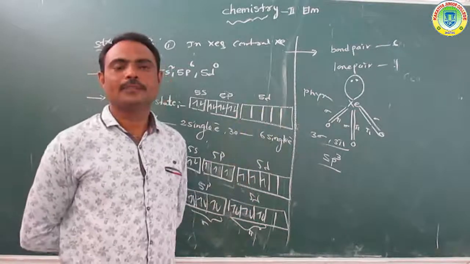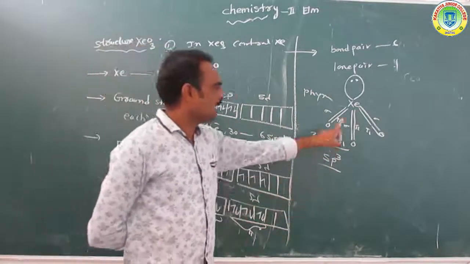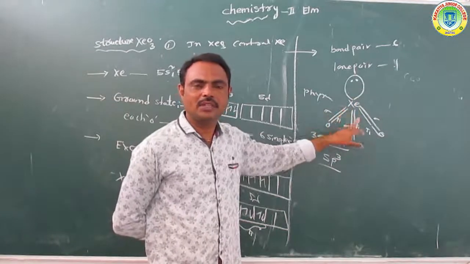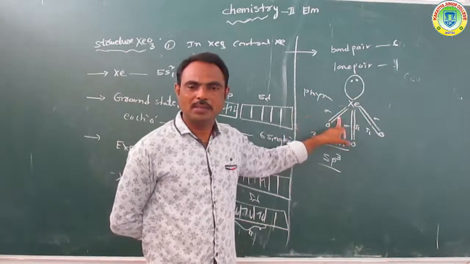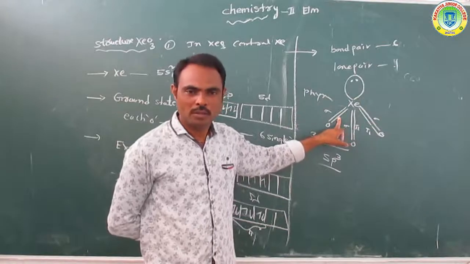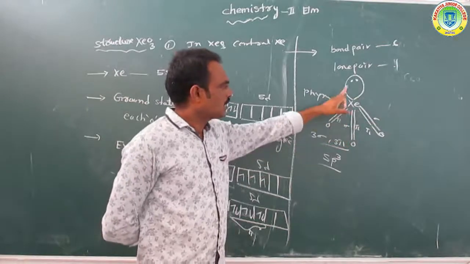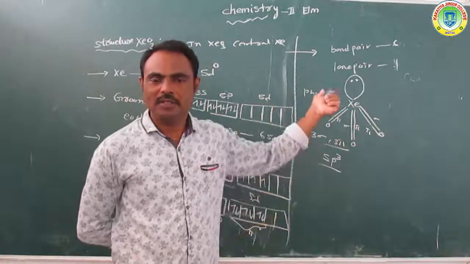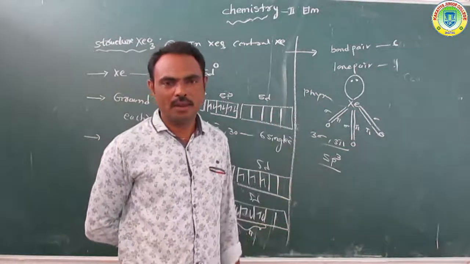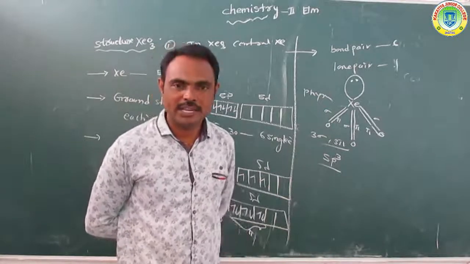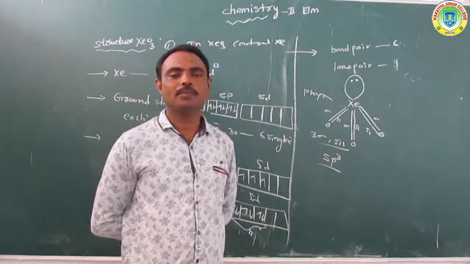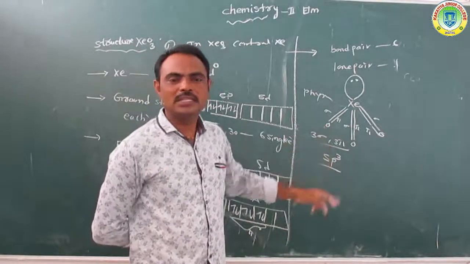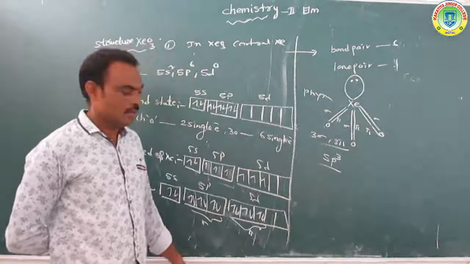Further, xenon is the central atom, attached with 3 oxygen atoms by double bonds. It contains 1 lone pair, indicated for the orbital. So what is the structure? Pyramidal shape. Here there are 3 pi bonds and 3 sigma bonds.